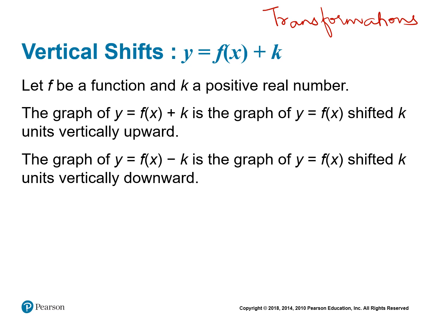It could be horizontal shifting, that means the graph would slide to the left or to the right from its original position, or it could be stretching, shrinking, or reflections. All those would be considered transformations of a graph from its original function.